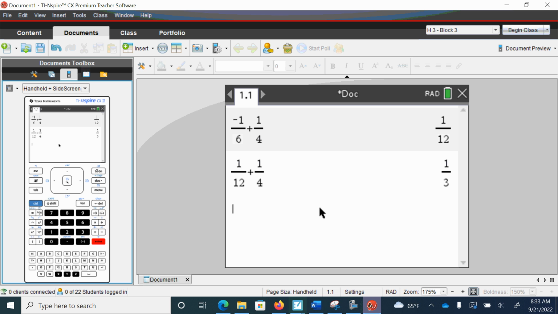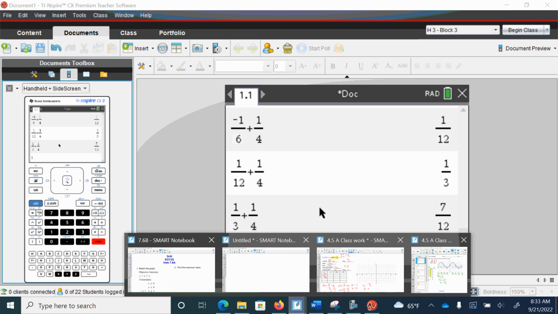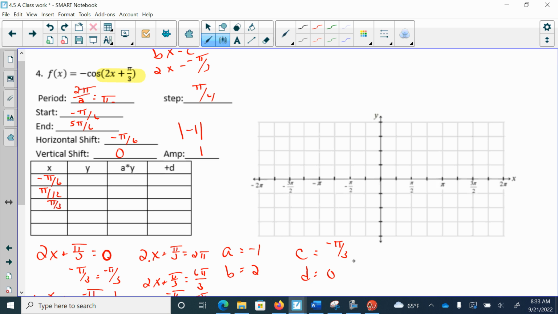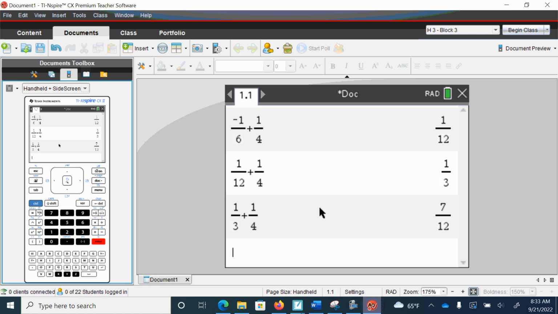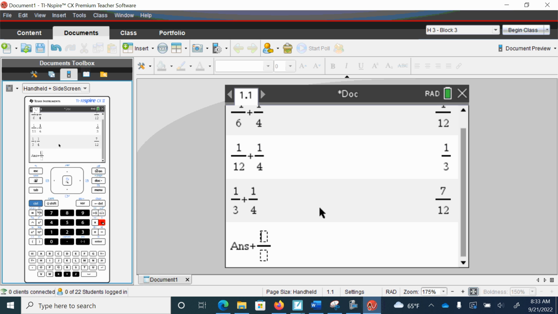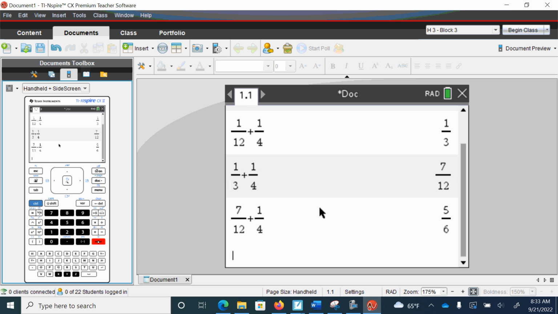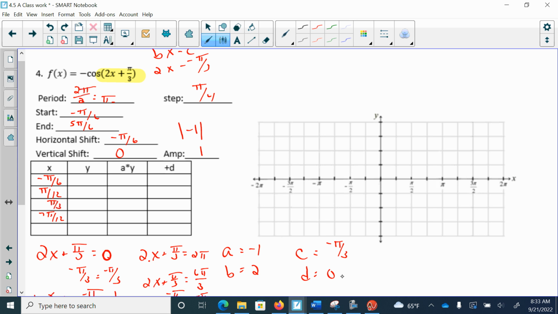Then I add 1/4 again and get 7pi/12. Finally, I add 1/4 one more time, and I get 5pi/6. Hopefully, and it does, that matches my 5pi/6.